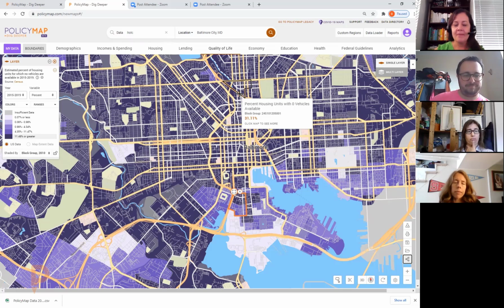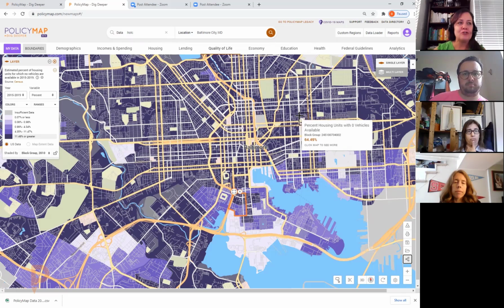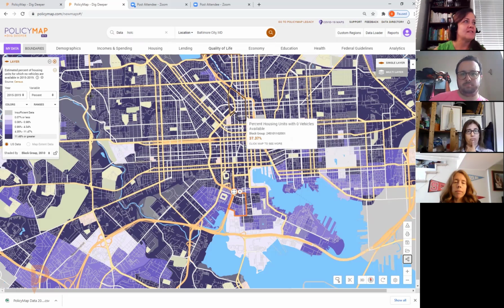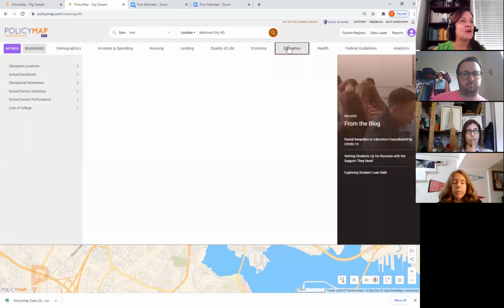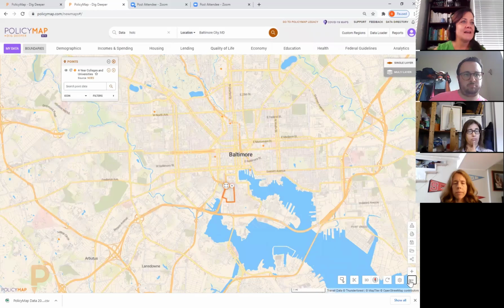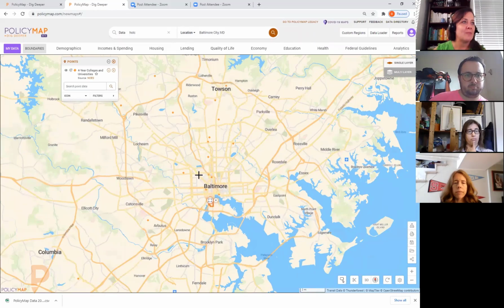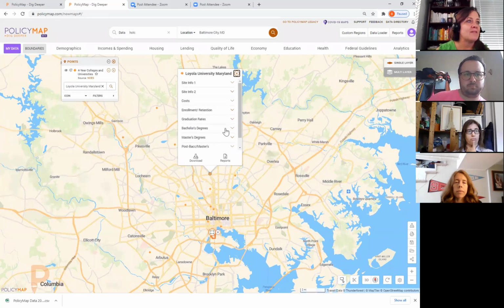Thanks. One thing I didn't show you is the ability to create custom regions. Let's clear this off. If I go into colleges and universities, I'm going to zoom out to make sure I pull out Loyola, University of Maryland.